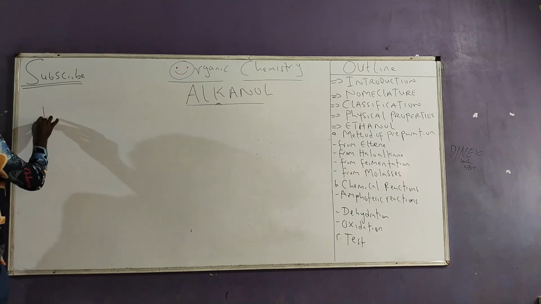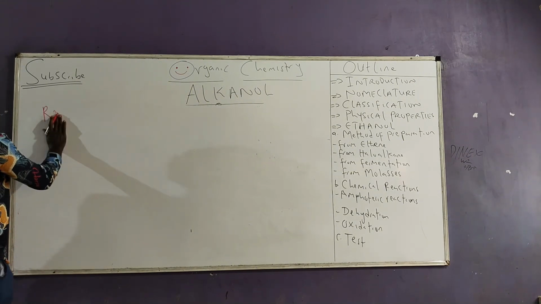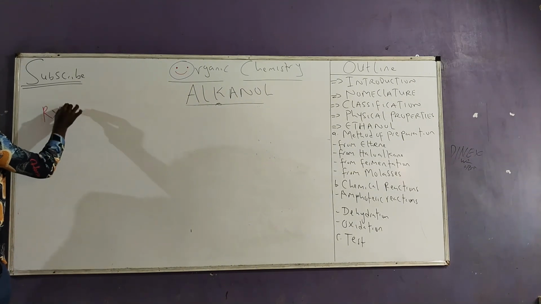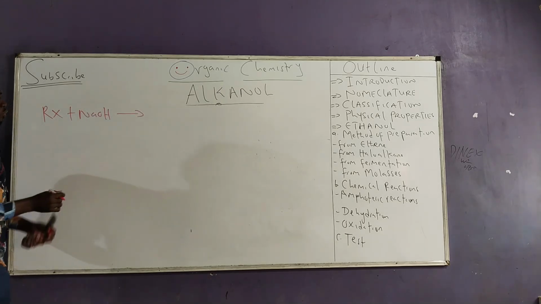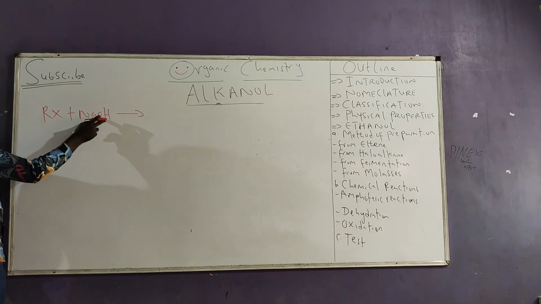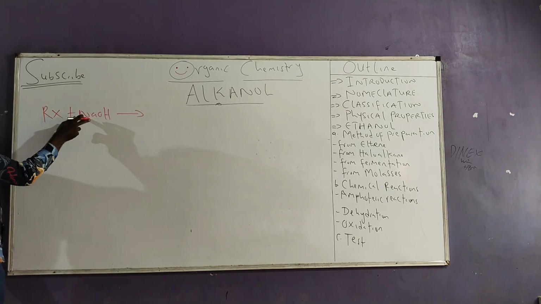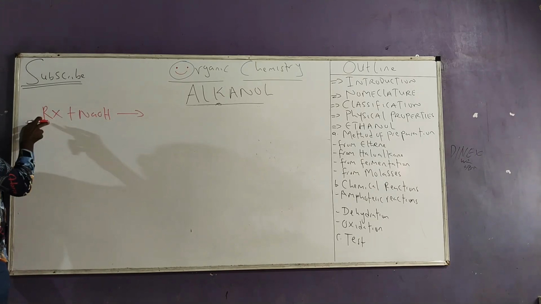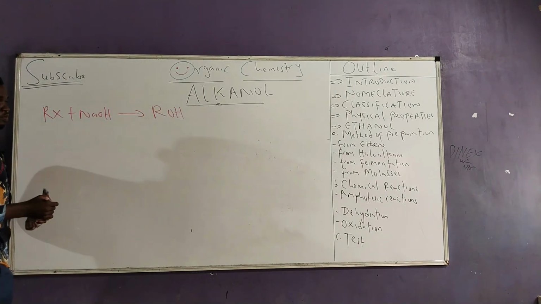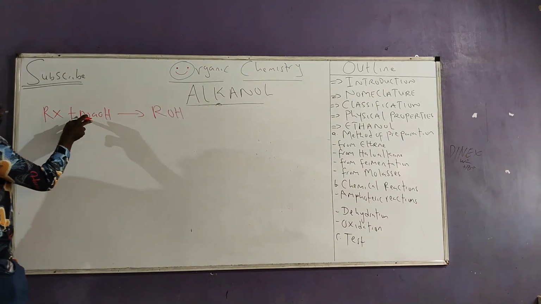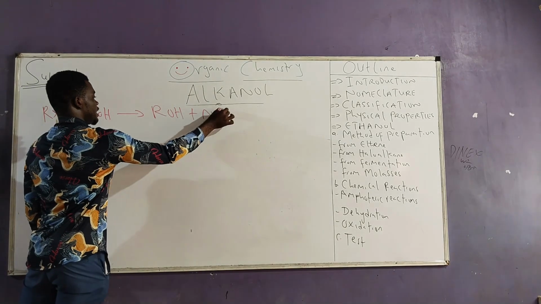So if I have, for example, ROX, and I react it with a base, sodium hydroxide, what do I form? R picks this OH. Remember, your sodium hydroxide is Na plus OH minus. So your OH goes with this, and we form ROH, which is alkanol. Then X goes with Na, I'll form NaX.